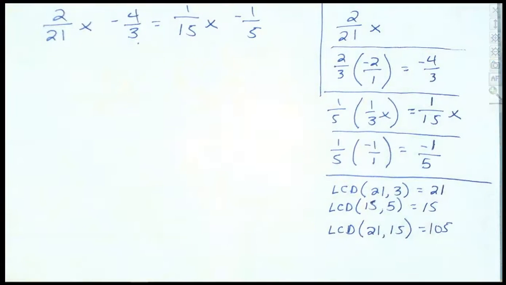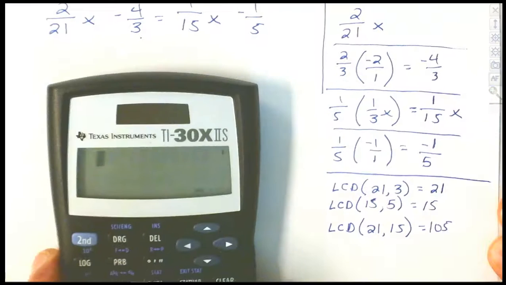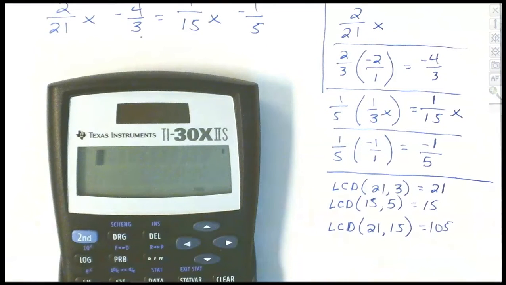Okay, so what's our least common denominator? 105. Let's again review how I did it. So what did I do? I got the least common denominator on the left, the least common denominator on the right. Then I took those numbers and I found the least common denominator of those two. And how did I do that? I started with my larger number. And I said, okay, 21 times 2, that's 42.